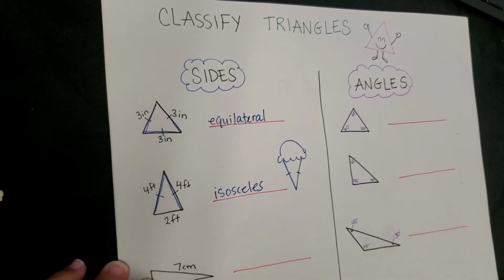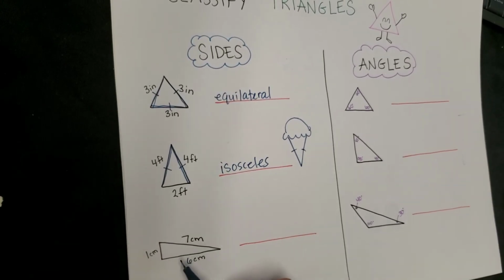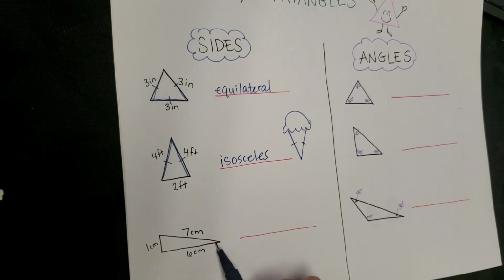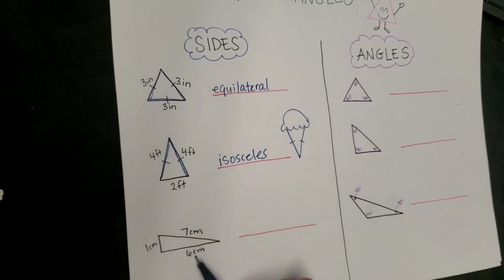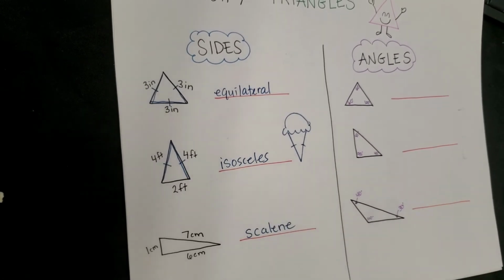So if it looks like an ice cream cone, isosceles. And last but not least, on this side here, and I'm going to move that up so you can see, we have 1 centimeter by 6 centimeters by 7 centimeters. Here we have no sides congruent at all. When that happens, it is called scalene.